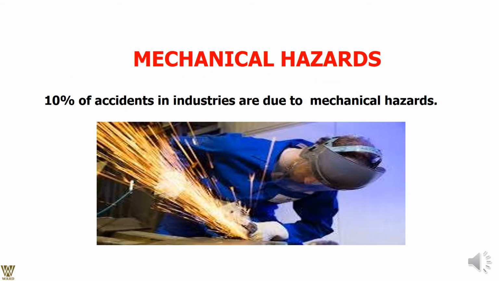So these are environmental. Then comes the mechanical hazard, the accidents that come across. Approximately 10% of the accidents occur because of faulty machine handling or a faulty machine in the first place.